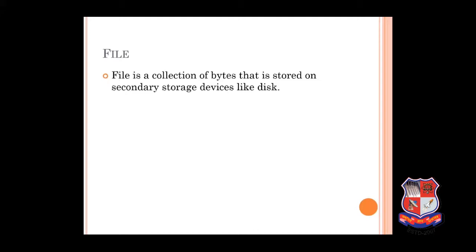For example, a word file is also a file. An image file or a word file or a paint file, these all are files. But basically a text file, we will take an example of text file to better understand it.